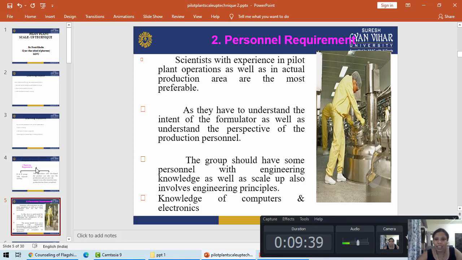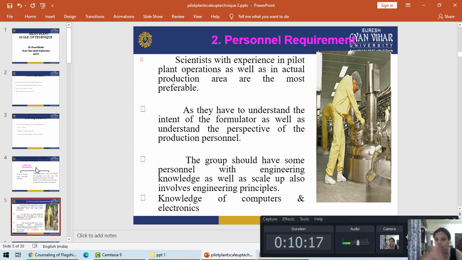They have to understand the intent of the formulator as well as the perspective of the production person, because in the pilot plant the most skilled person is required. He has to balance both things. Like the formulator, he has to keep in mind that we have to send this formula to large scale manufacturing, where equipment of very large capacity is there.